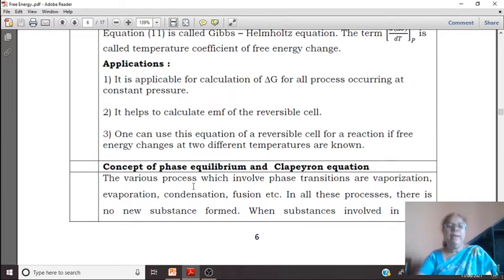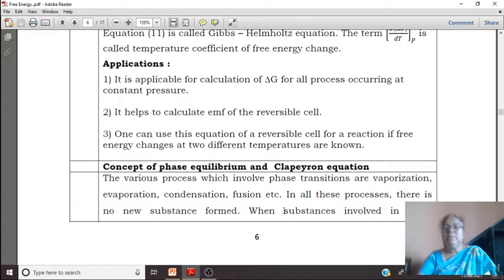The various processes which involve phase transitions are vaporization, evaporation, condensation, fusion, etc. In all these processes, there is a new phase formed. That means solid gets converted into liquid, and liquid gets converted into gas or vapor. These are the phase transitions.